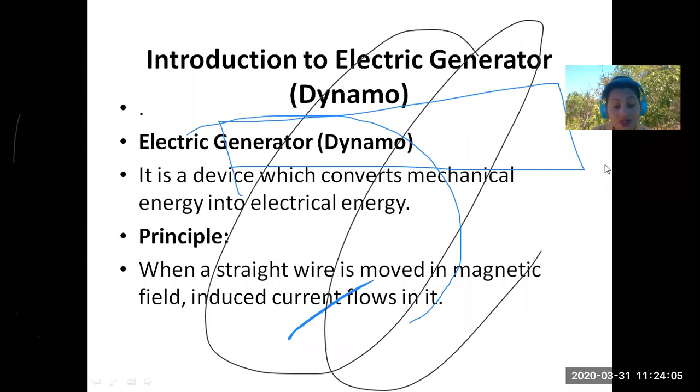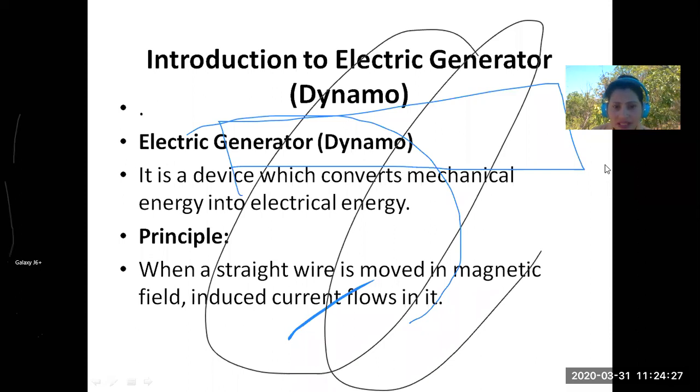In the next session, we'll learn about the electric generator in detail. Now, you just know it is a device which converts mechanical energy to electrical energy. All the power stations are electric generators only.